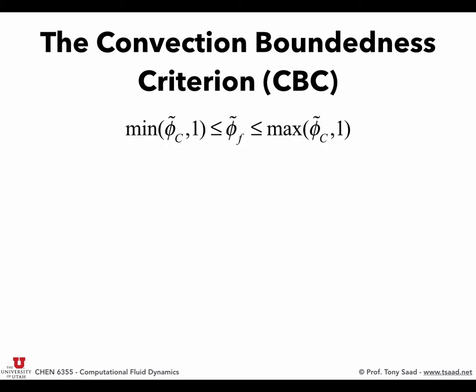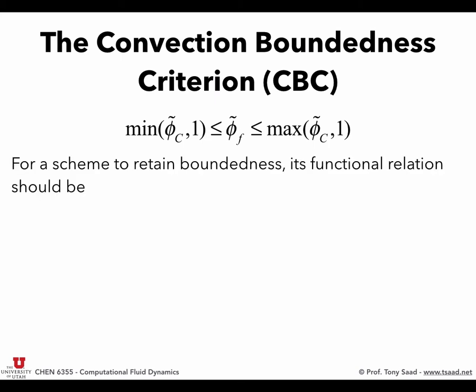This is called the convection boundedness criterion. Okay? And it says for a scheme to retain boundedness, its functional relation, so essentially phi tilde f equal a function of phi tilde c, should be continuous. Could be piecewise continuous. That's fine. But you have to be continuous.